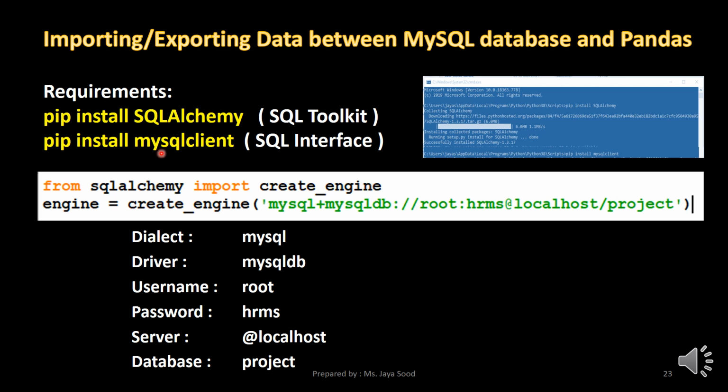The next task is to create the engine by using the create_engine method and providing the connection string. This connection string has 6 parts.